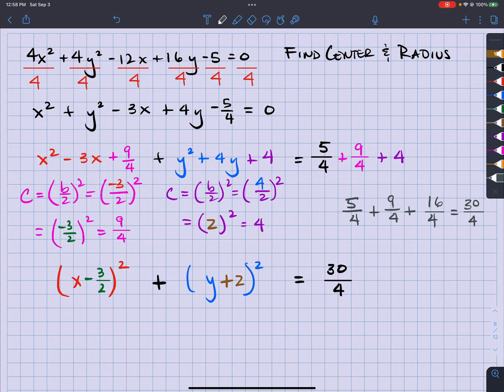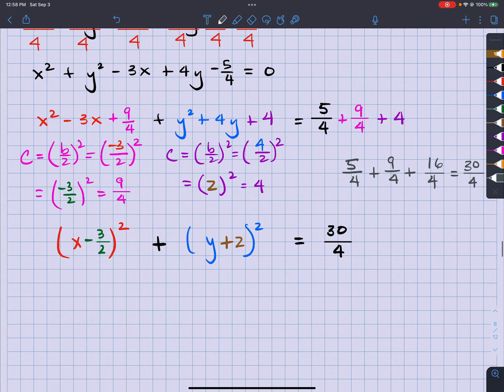So there we go. And the 30 over 4, guys, remember, is actually going to be my r squared. So my radius is actually going to be the square root of that. So it's going to be the square root of 30 over the square root of 4, which is just 2.